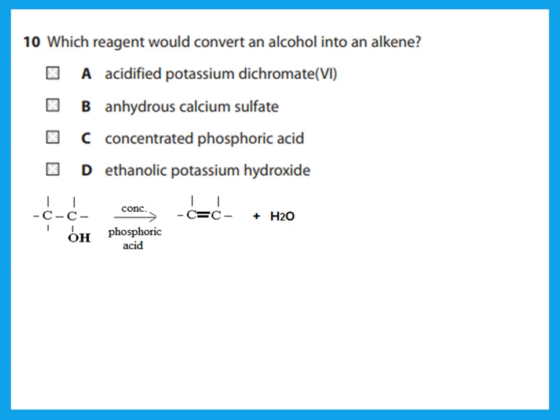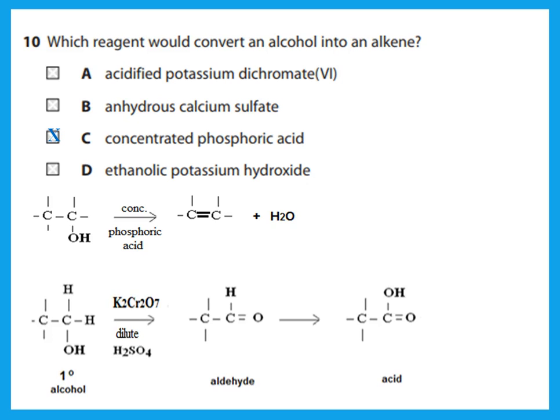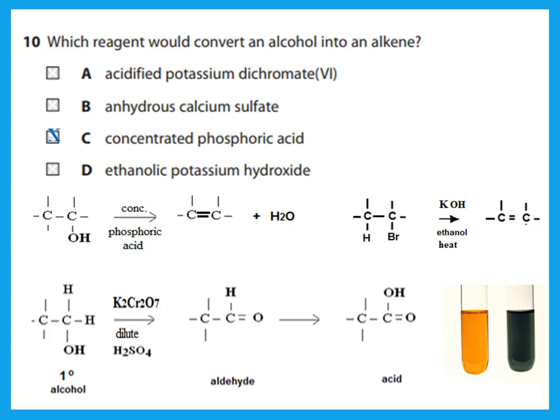Now, which one forms alkene? You should remember that concentrated phosphoric acid is the one that would do what we call the dehydration of alcohols to form alkenes. But the others, potassium dichromate would oxidize it. We said potassium dichromate is orange, and it reacts with the alcohol and oxidizes it, and becomes from orange to green.